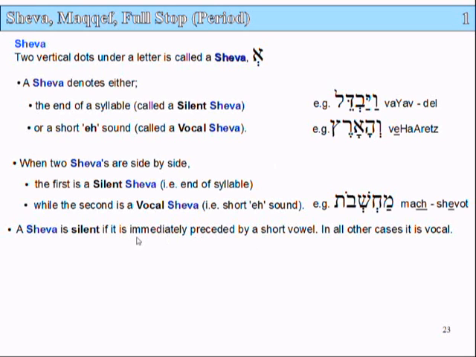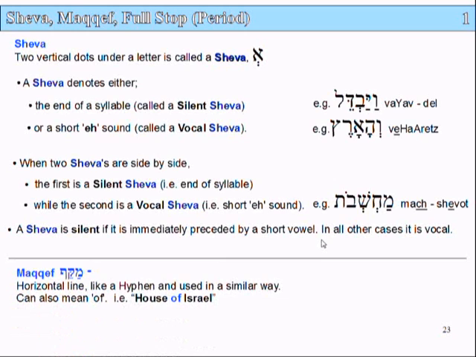So when it's preceded by a short vowel, the Sheva is a silent Sheva, meaning that it's the end of the syllable. Otherwise, it's a vocal Sheva. Anyway, you'll see more of these examples. If it sounds complex, then don't worry about it. You'll see plenty of examples in the future.